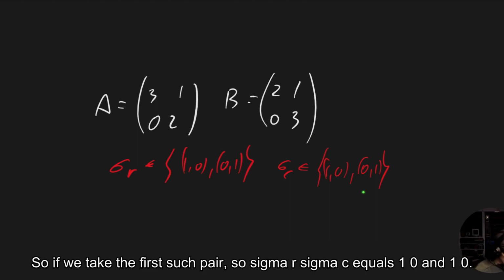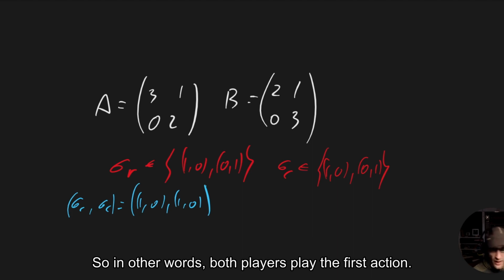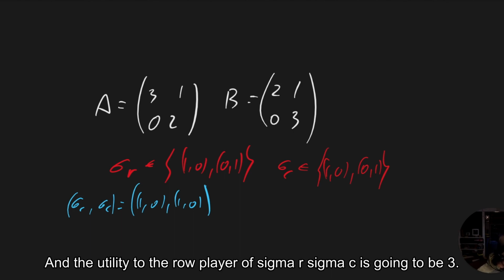So if we take the first such pair, sigma r, sigma c equals (1, 0) and (1, 0). In other words, both players play the first action. Then the utility to the row player of sigma r, sigma c is going to be 3.